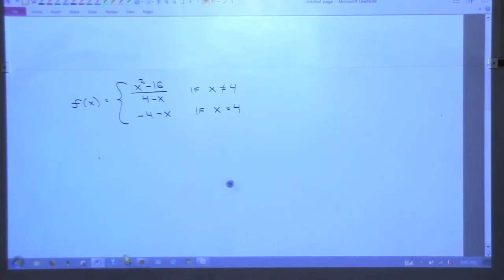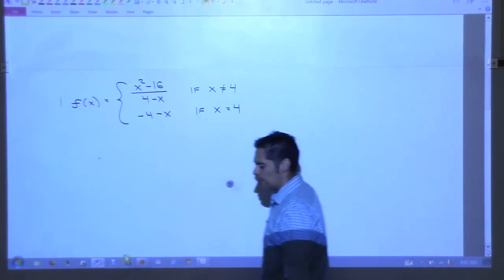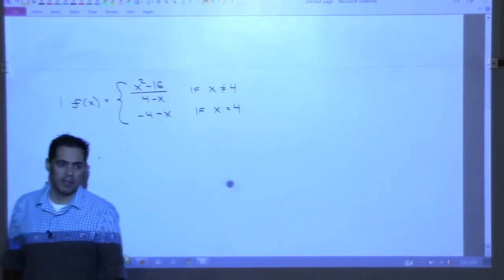This one's a little more in depth, I guess, a little more thinking going on. So where do you think is the only place I would be concerned about continuity?